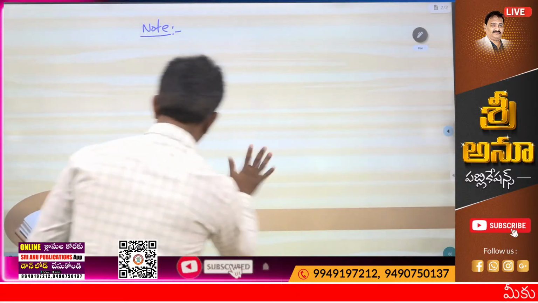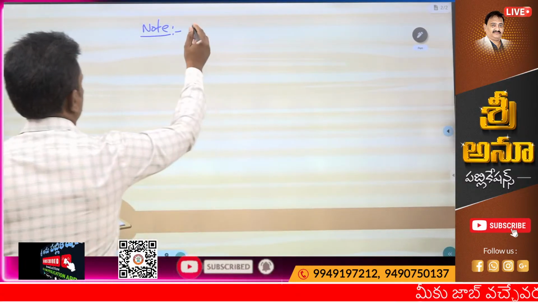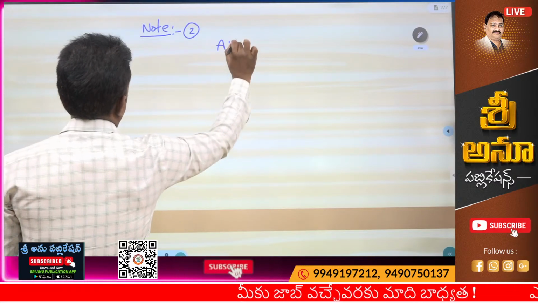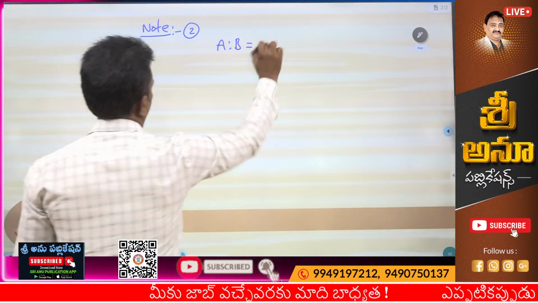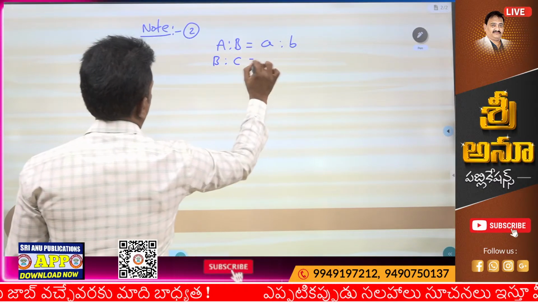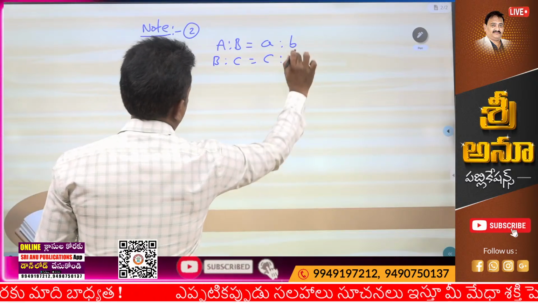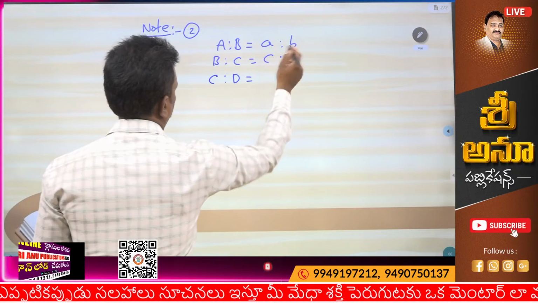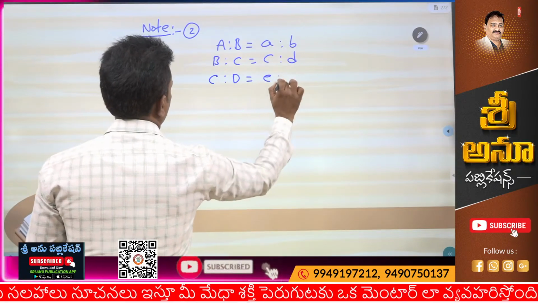So let us check the continuous ratios. Just write the important one. A is to B is equal to AB. Next, B is to C is equal to CD, and C is to D is equal to EF.